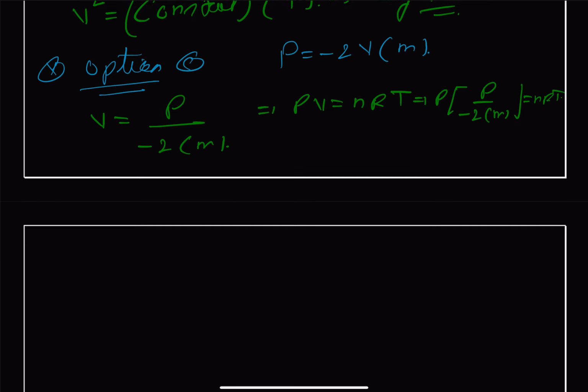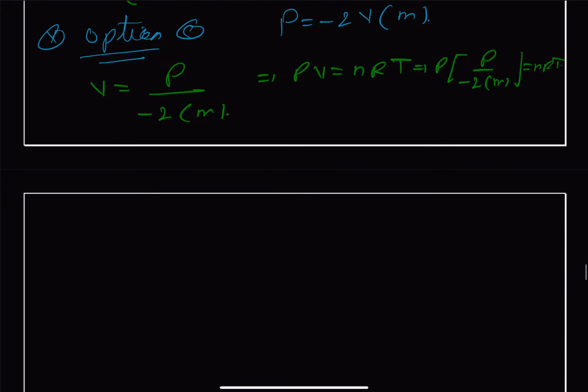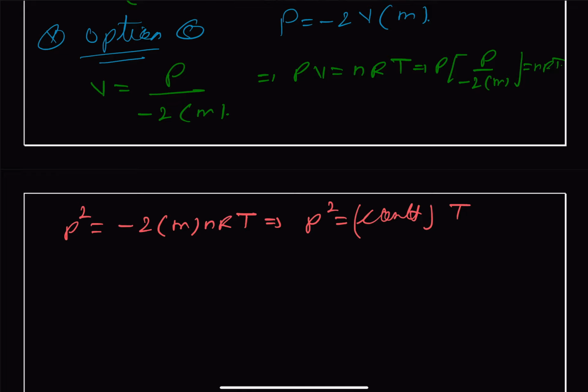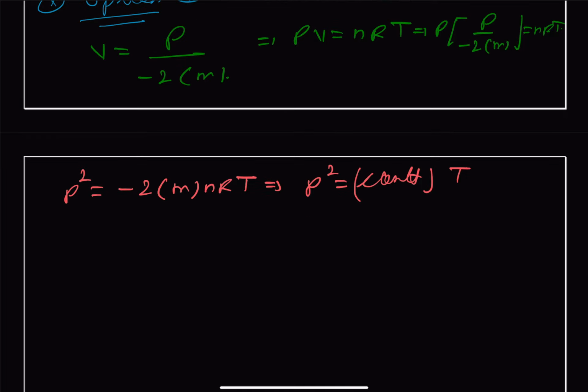So we get P square is equal to minus 2 times slope nRT, and this we can also write as P square is equal to a constant multiplied by T, and this is also an equation of a parabola.